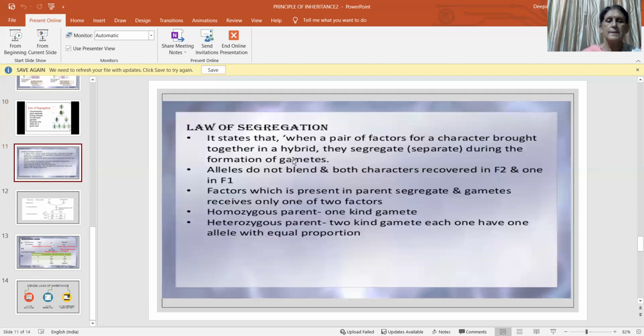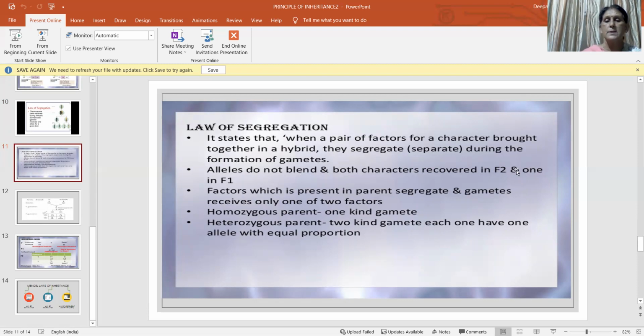The law of segregation states that when a pair of factors for a character are brought together in a hybrid, they segregate or separate during the formation of gametes. Alleles do not blend. Although in the F1 generation the dominant character is expressed, the recessive character does not blend with the dominant one.